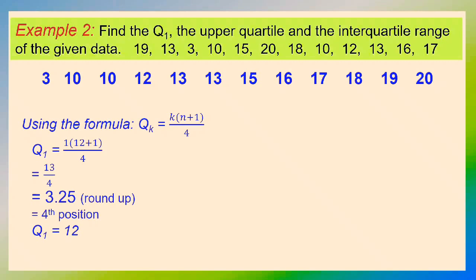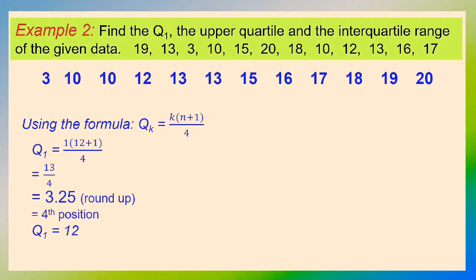So class, under the rule that I asked you to remember, observe that the value that we get is a decimal number. So since it has a decimal number, locate the position of the quartile. Is it below 50% or the median, or above 50%?